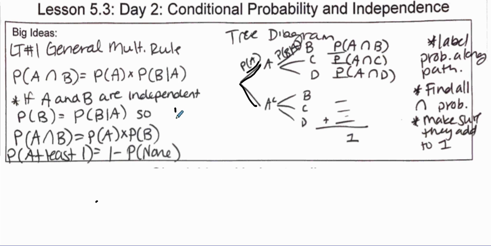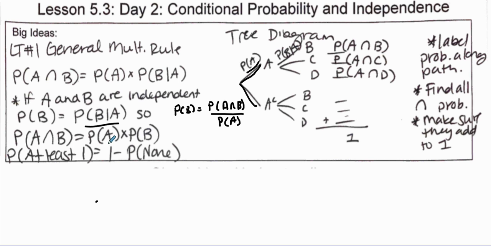Understanding that the probability of B, and if we write this out right here, we know that the probability of A and B over the probability of A, that is going to be our solution.